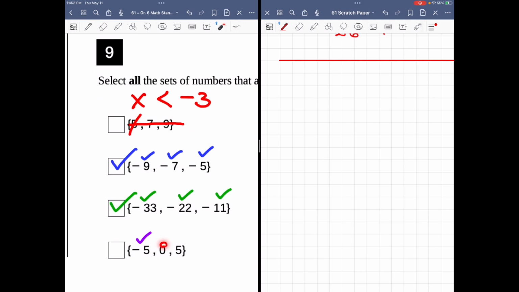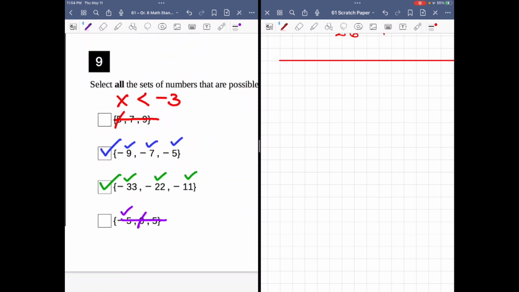Next one, test 0. 0 is less than negative 3. And this is false because all negative numbers are smaller than 0, but this one is saying that 0 is less than this negative number. So the 0 is incorrect. Cross that off. And as soon as one of the elements is wrong, you can just cross off the whole line. You don't even need to check the others.